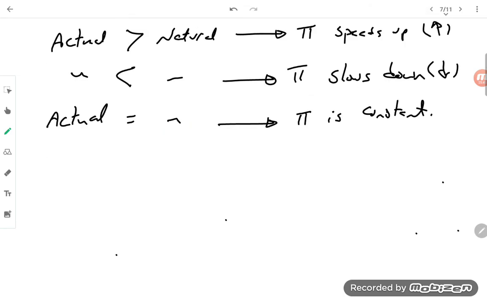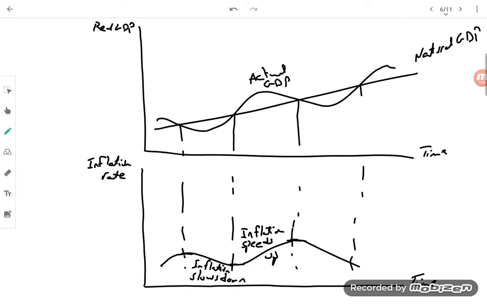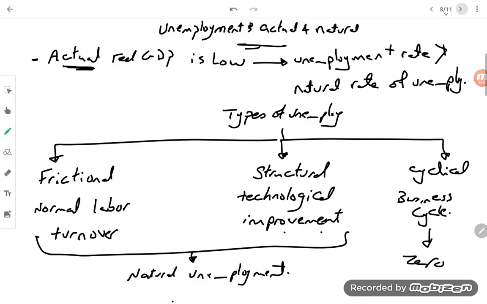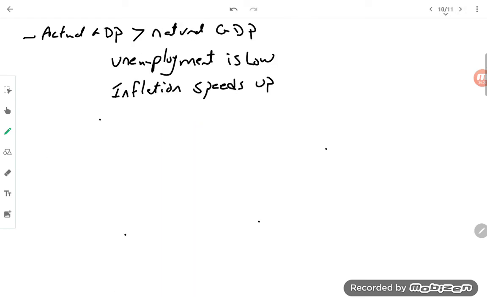Returning back to figure number 1, as we said, when actual is lower than natural, inflation rate slows down. When actual is greater than natural, inflation rate speeds up. Okay? And vice versa, if actual GDP is lower than natural GDP, unemployment rate is high, inflation rate slows down. When actual GDP equals natural GDP, unemployment rate equals the natural rate of unemployment, and the inflation rate is constant.